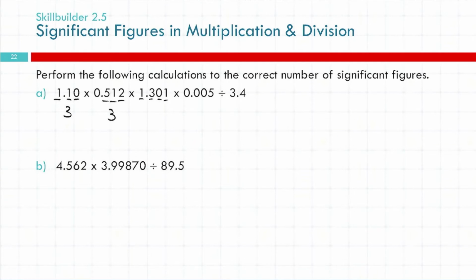Here we've got a 0 that's between two non-zero numbers, and we have non-zero numbers, so we've got 4. This one, we only have leading zeros, so we only have one significant figure. And then our last one, non-zero numbers are all significant. I should underline that. We got 2.